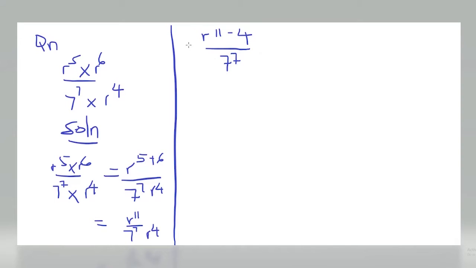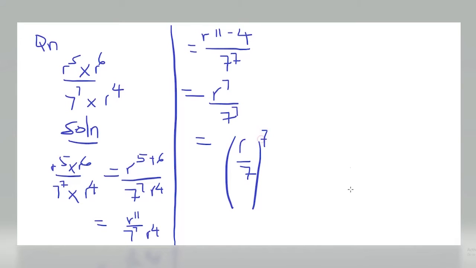Finally, 11 minus 4 is equal to 7, so r power 7 over 7 power 7. By simplifying, since they have the common exponent, this can be written as r over 7 in brackets with the common exponent of 7. Then this is the answer.